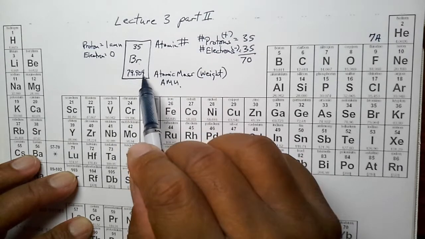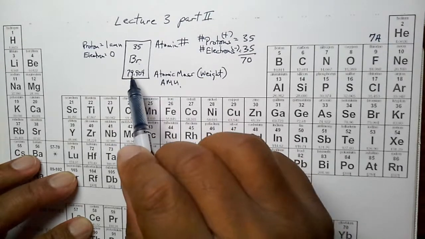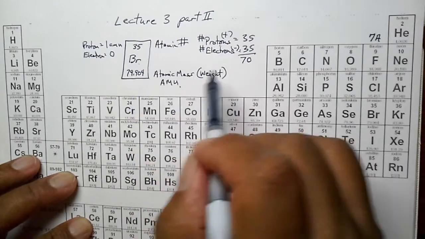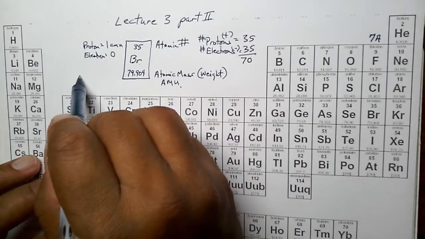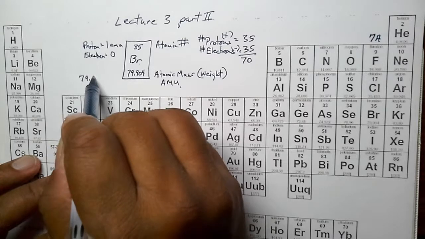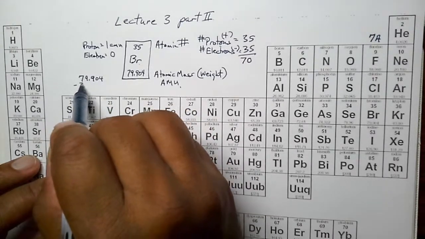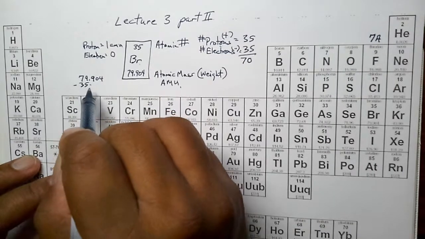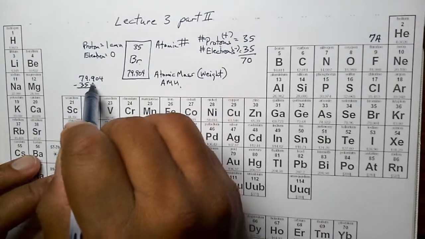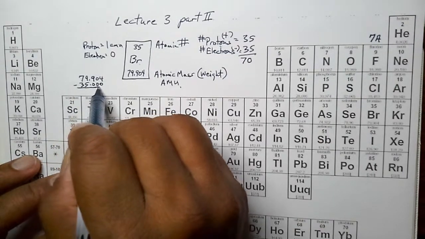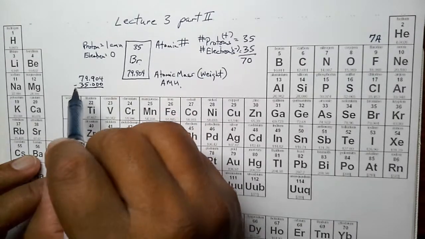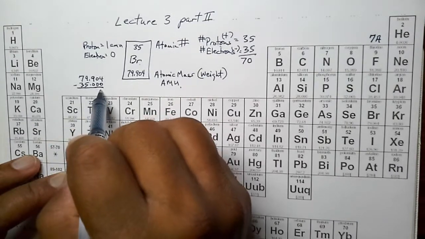So there is a mass that's unaccounted for. And how do we get that? Well, we take that total atomic mass unit and we subtract 35, which is the atomic mass of the protons, and what do we get?